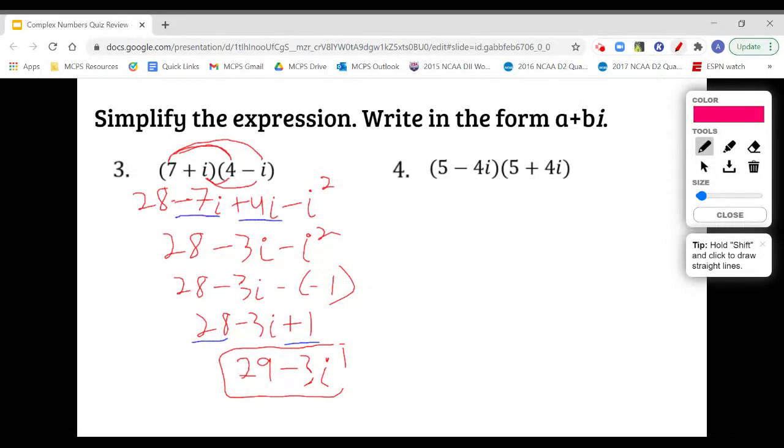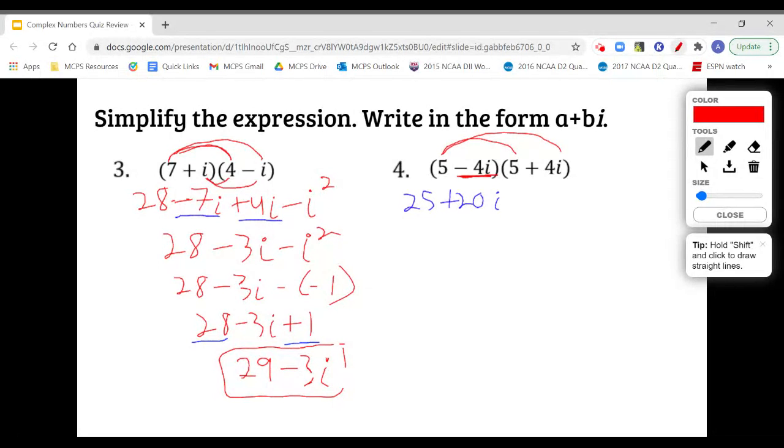Okay. So as we are working through this problem, again, I'm going to do a double distribution. So I'm distributing 5 to 5 and 5 to 4i. 5 times 5 is 25. 5 times 4i is 20i. Now, I'm also going to have to distribute this negative 4i. Please be careful: if that set of parentheses has a minus sign, that indicates that second term is negative.